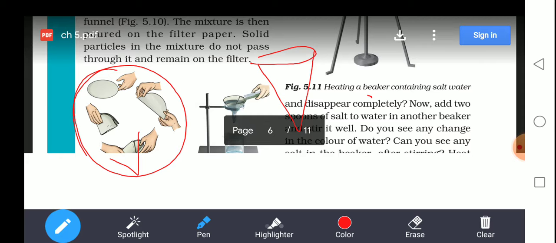So now we can find Aquaguard, which can filter salt water, or filter impurities which cannot be removed by decantation or sedimentation. Nowadays they are using different technology to separate smaller impurities which we cannot see with our naked eyes. We can observe the color and texture, but we cannot separate them with the help of decantation or sedimentation.